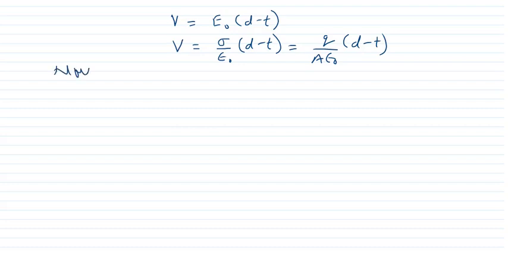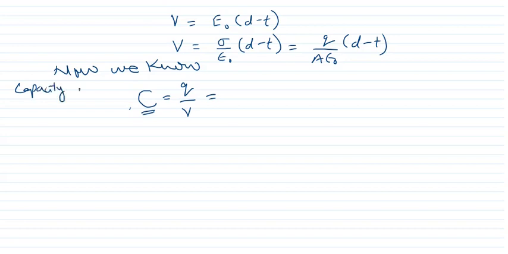Now we know C is equal to Q upon V. This is the capacity of the capacitor with the conductor between the plates.